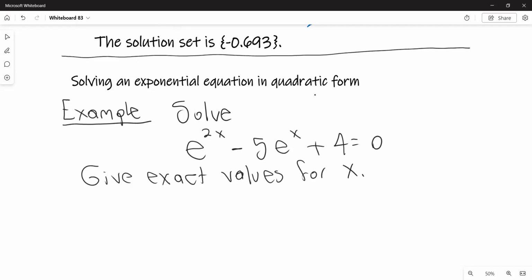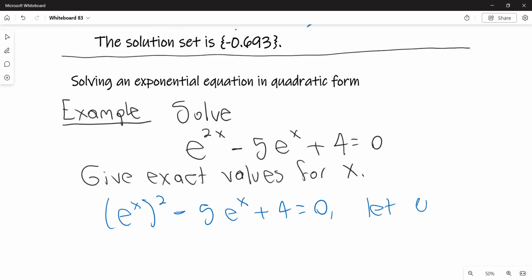Okay, so e to the 2x is the same as, by properties of exponents, e to the x squared, minus 5e to the x plus 4. So that can be solved like a quadratic equation. We can let u be e to the x.